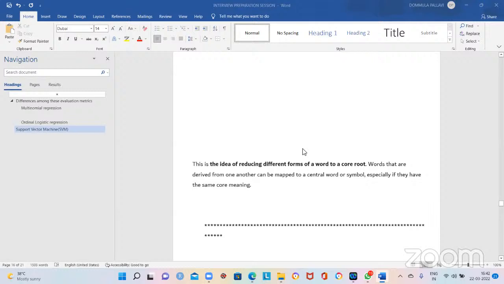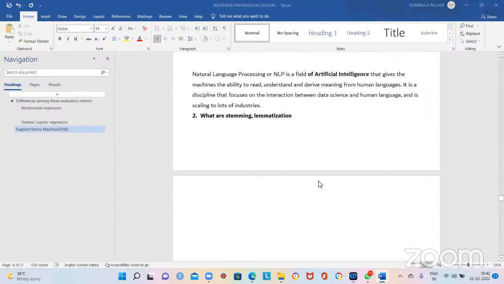Coming to the answer, this is the idea of reducing different forms of a word to a core root. Words that are derived from one another can be mapped to a central word or symbol, especially if they have the same core meaning.